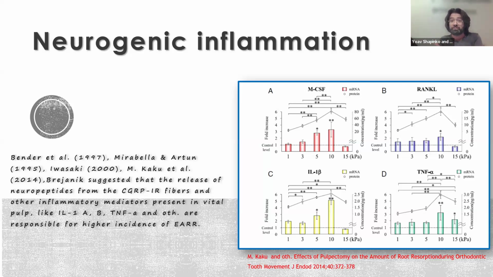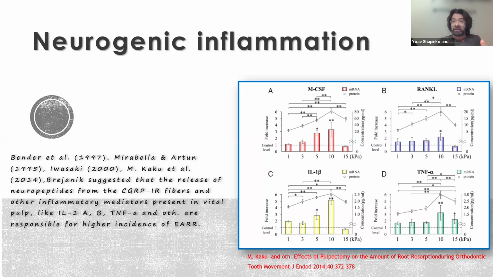neurogenic inflammation. In a couple of interesting studies, like the research of Kaku, we can see that during orthodontic movement we have peaks of secretion of some neuropeptides, and in the end we can see very noticeable markers of inflammation, like interleukin 1 beta and tumor necrosis factor alpha, and increasing RANKL.